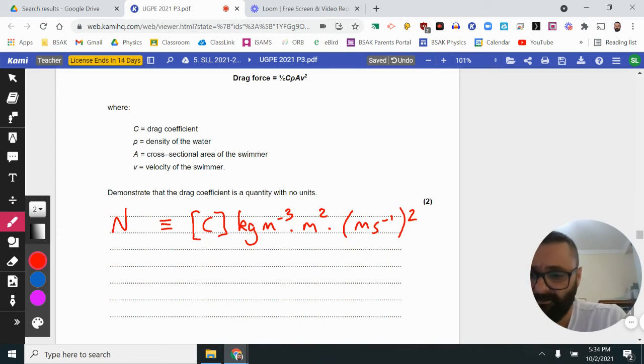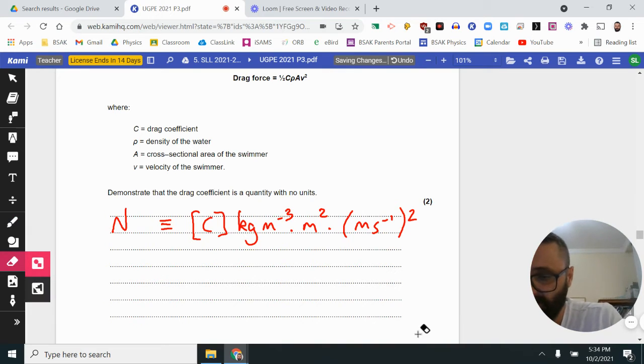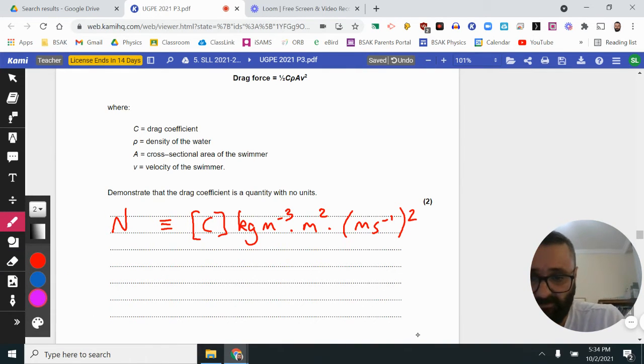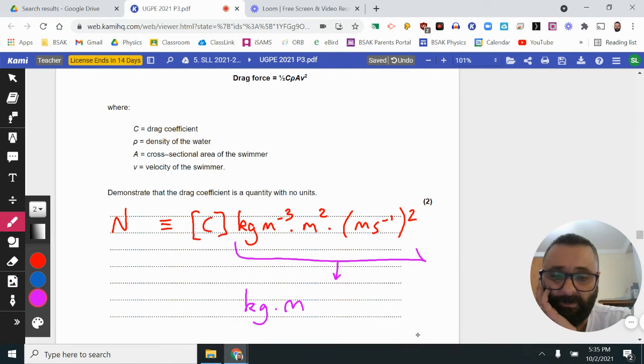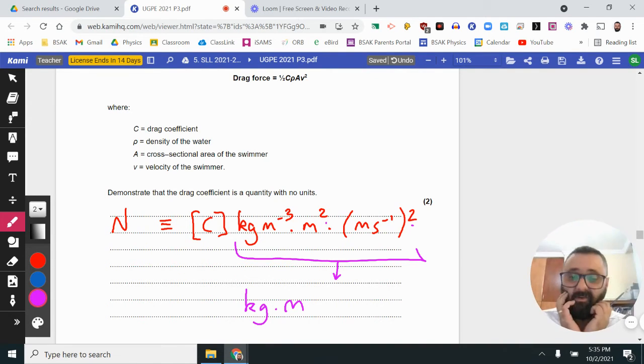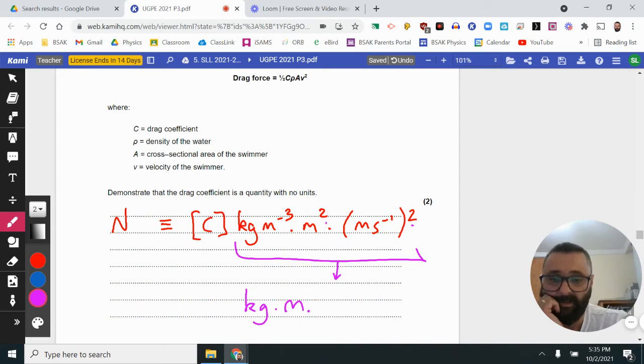Okay, right, so now we can just tidy this up a little bit. Or rather than doing that, we could just say, what does this slot equal to? Now we've got kilograms, m to the minus 3, m squared, m squared. Just m, isn't it? m to the minus 3, and then we've got a squared and a squared, which is m to the 4, leaves m.